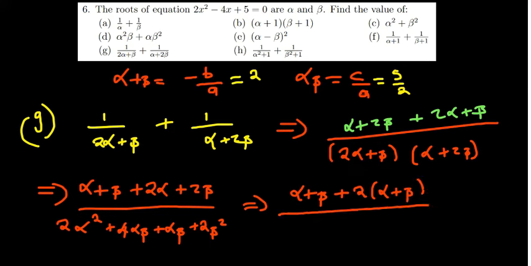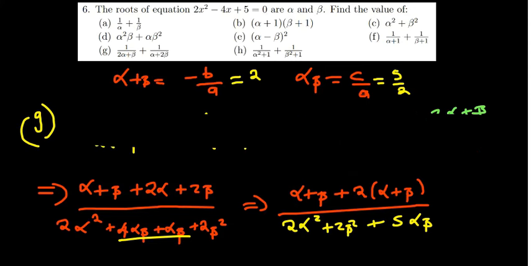For the denominator, what can we do about it? So the middle part are like terms, and then we've got 2 alpha squared plus 2 beta squared plus 5 alpha beta. It has come out already.